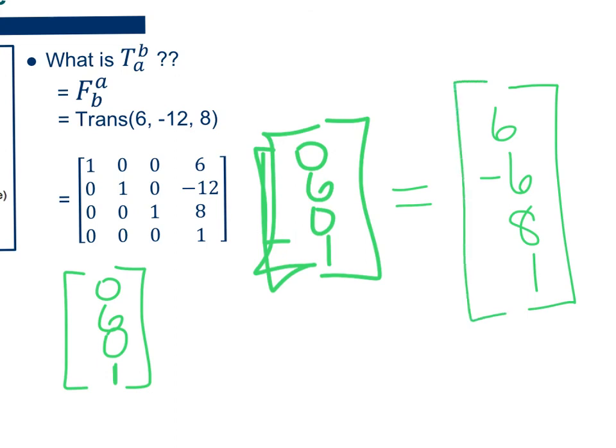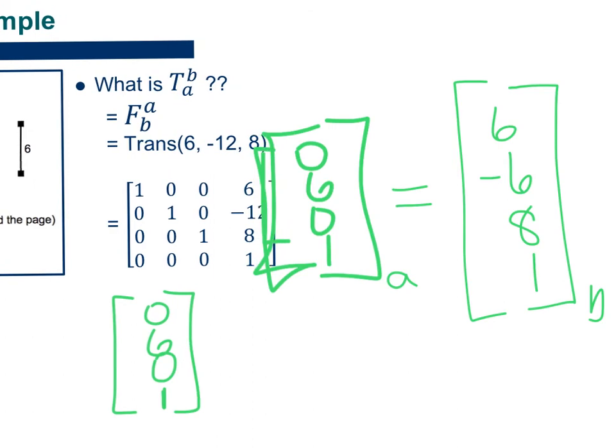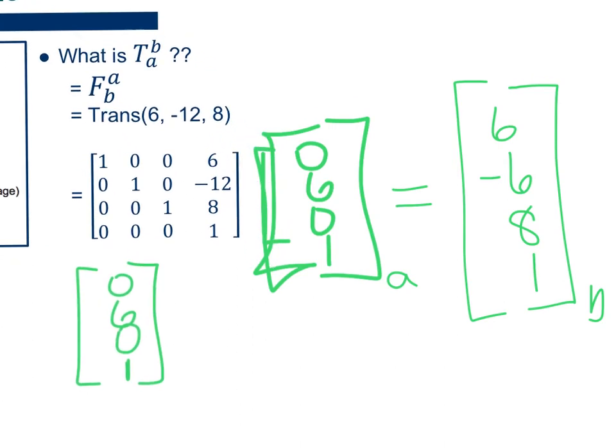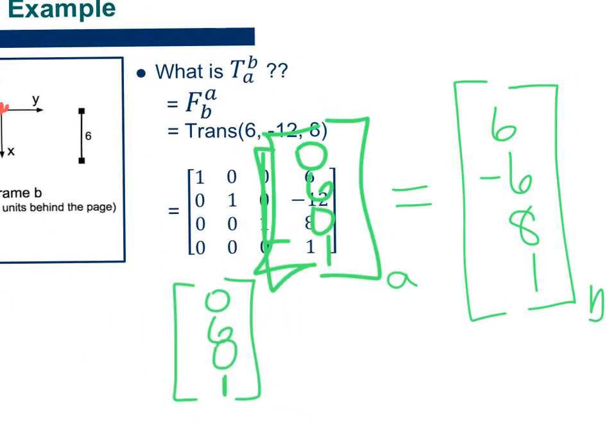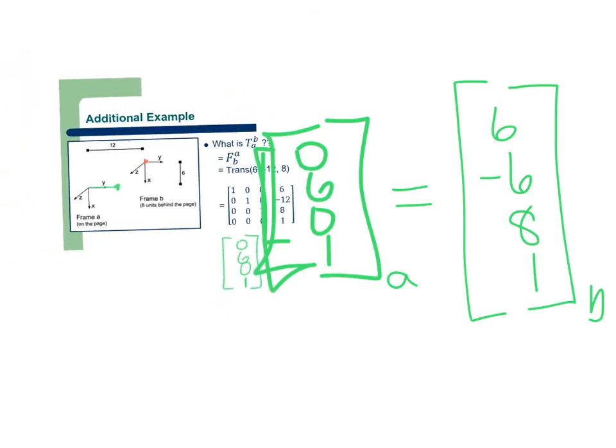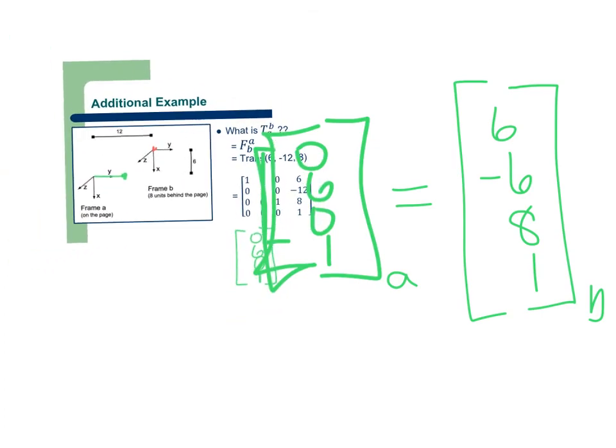So this is telling me, theoretically, that this point in A coordinates is the same as this point in B coordinates. Let's just bring this picture over.